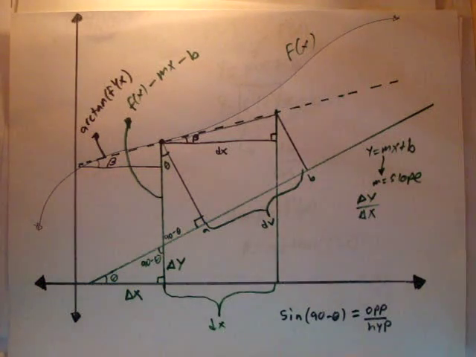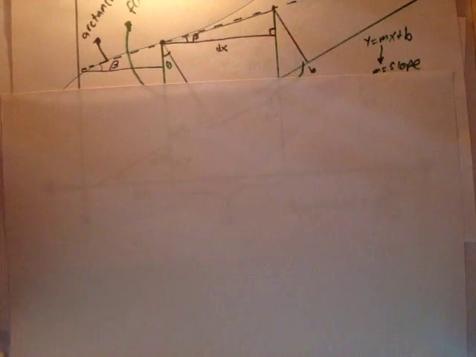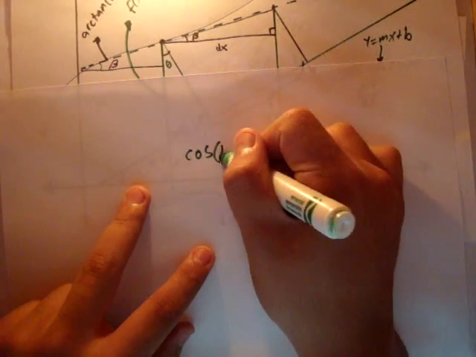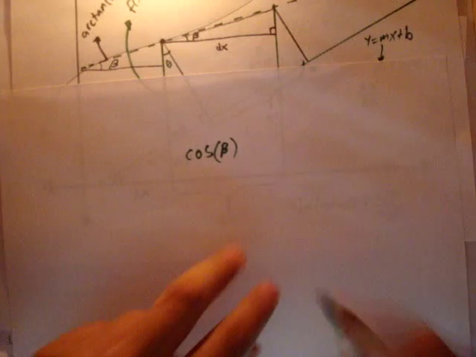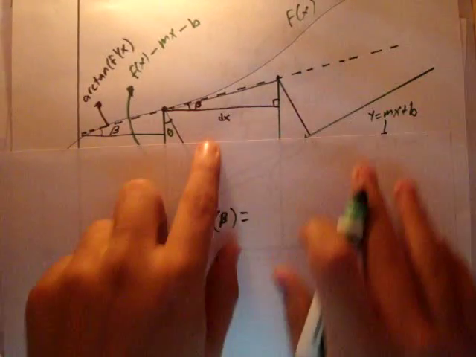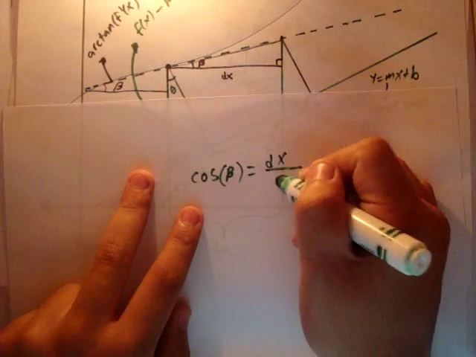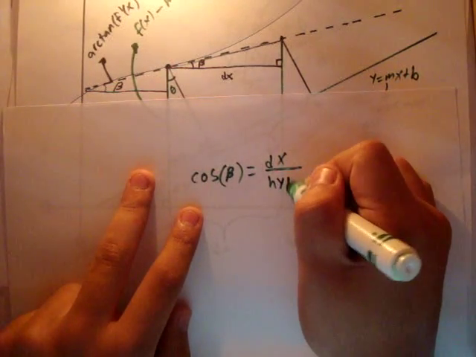So let's go on and continue this. To find the hypotenuse, I will write this. Cosine of beta, which I have found already, equals this leg right here, dx, over the hypotenuse.